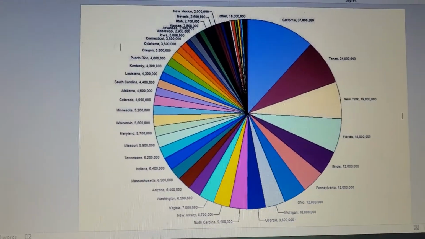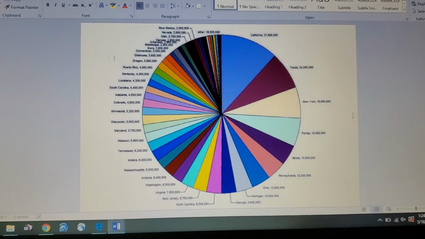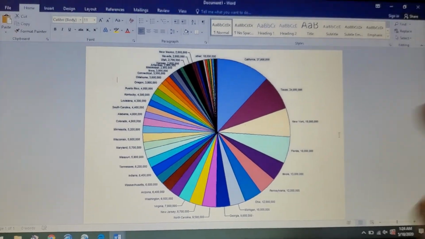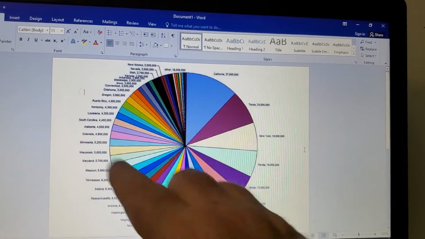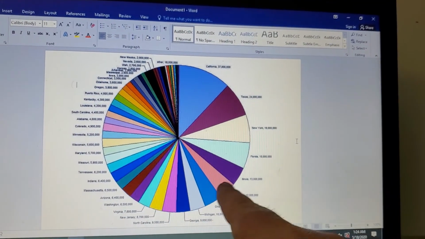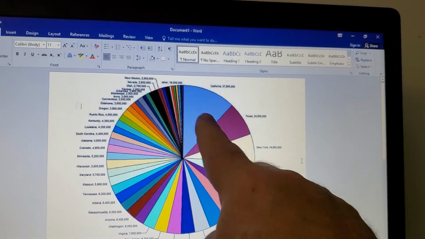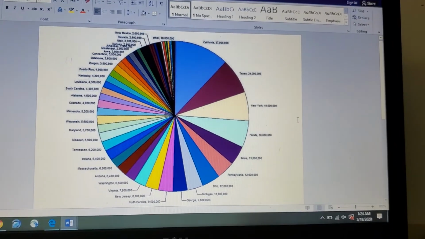And we can definitely, if the author is trying to compare and show us that all of these states really have a lot less of whatever these numbers represent than Florida, New York, Texas, and California, well, they succeeded.